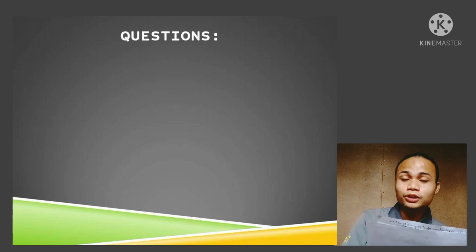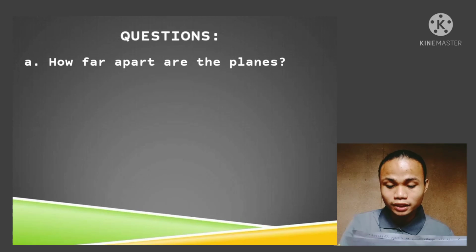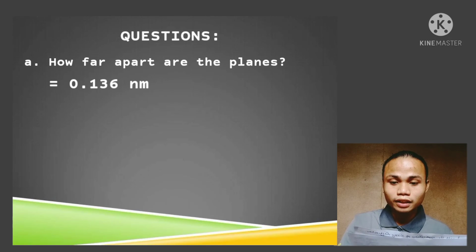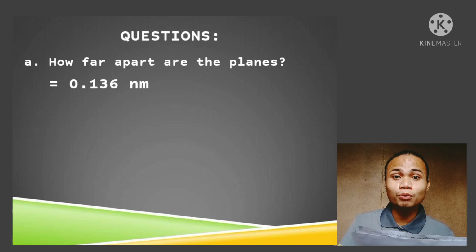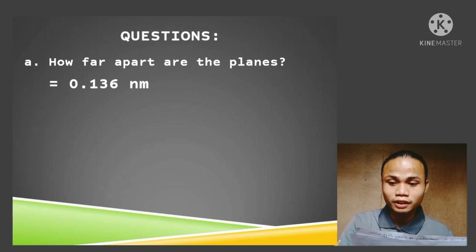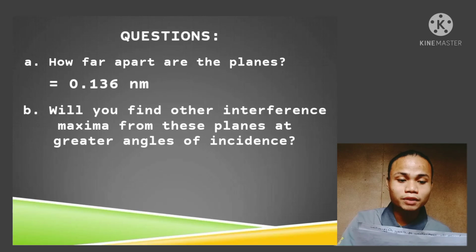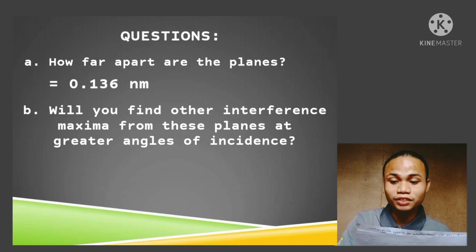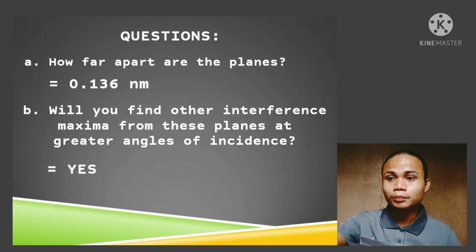To answer the questions: A, how far apart are the planes? The planes are apart by a distance of 0.136 nanometers. Then B, will you find other interference maxima from these planes at greater angles of incidence? The answer is yes.